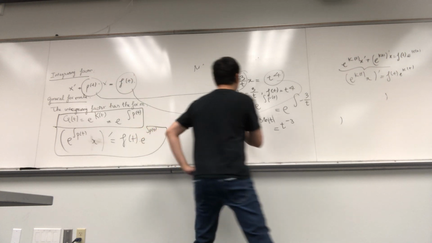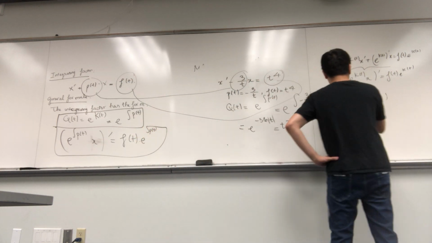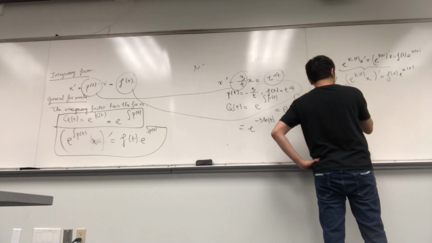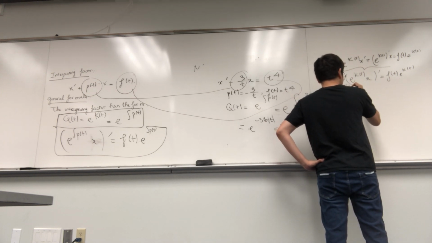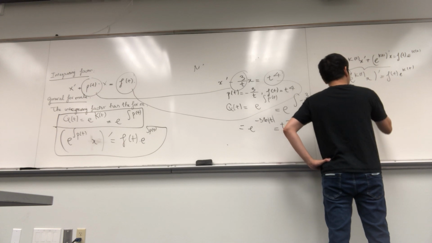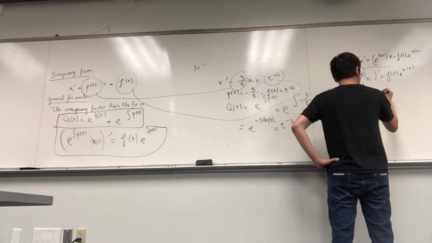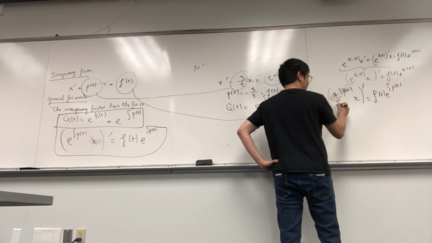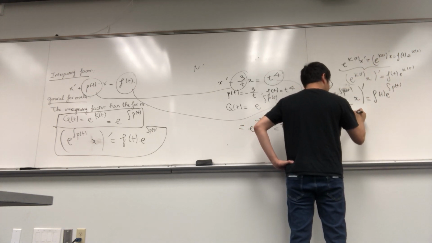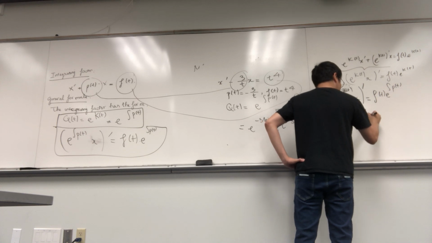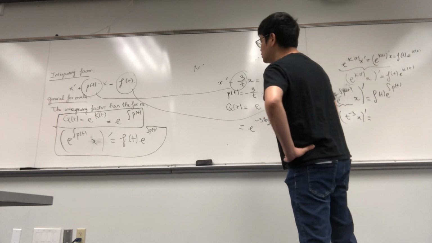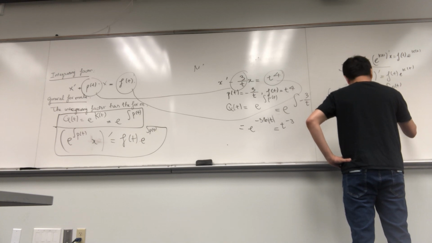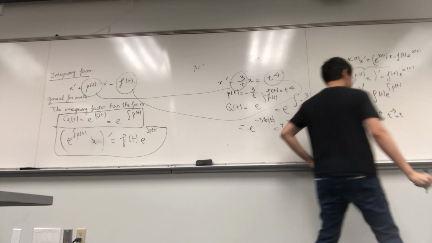So when I multiply this q(t) to the equation, I'm going to have t to the power minus 3. So you have e to the power of the antiderivative of p times x prime is equal to f(t) e to the power of the antiderivative of p. So this guy is t to the power minus 3 x prime, and this is equal to t to the power 4 times t to the power minus 3, and this is equal to t.